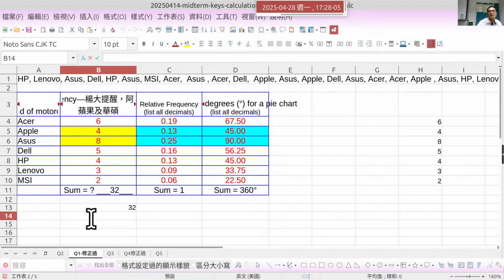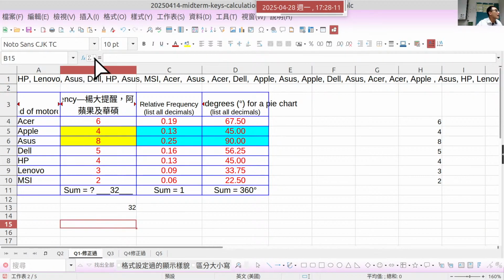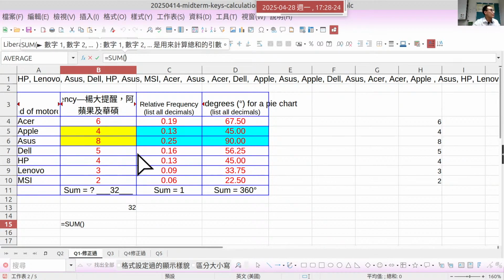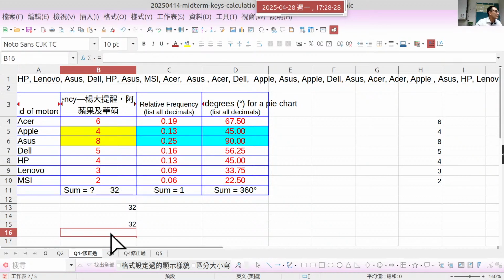Click this empty cell and click the symbol equal. We have SUM, S-U-M, parentheses from here to here, and click enter. That is 32. Okay, get it?